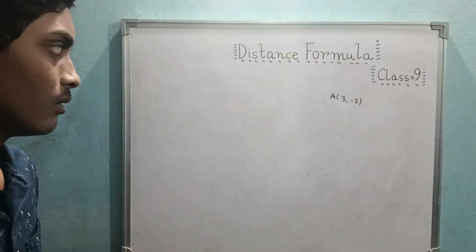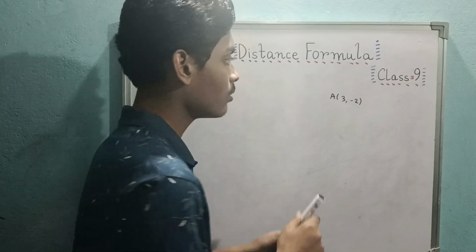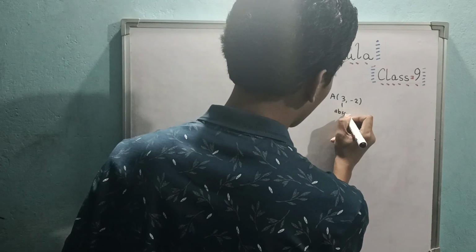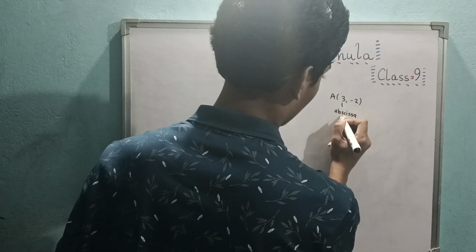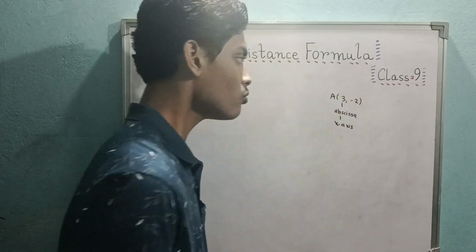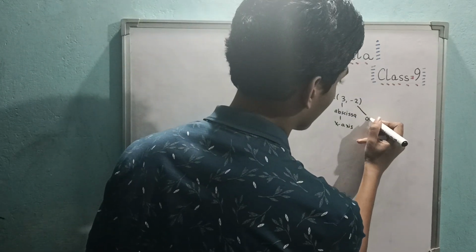This 3, the first part of A, is called the abscissa, and the abscissa is always on the x-axis, remember this. And minus 2, the second part of A, is called the ordinate.